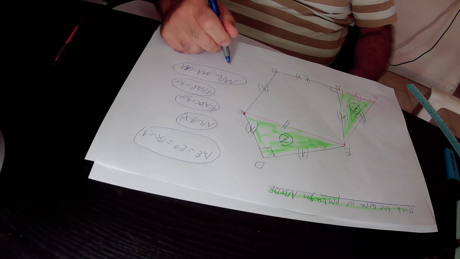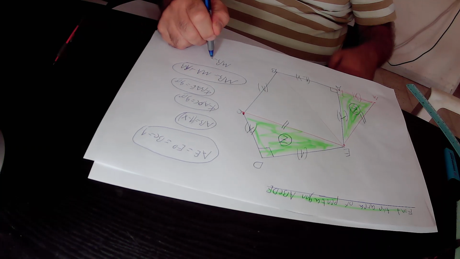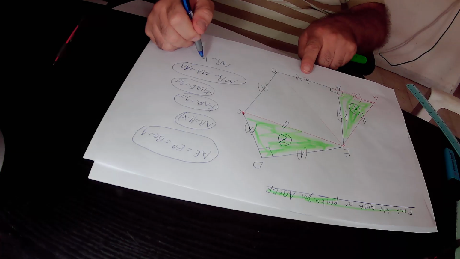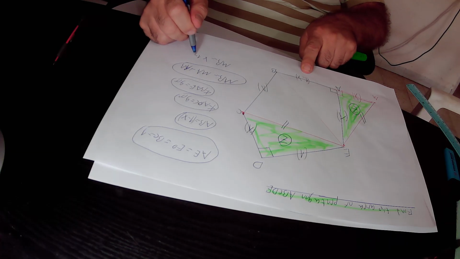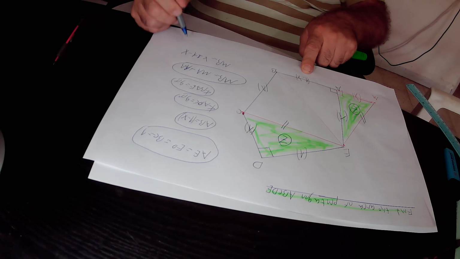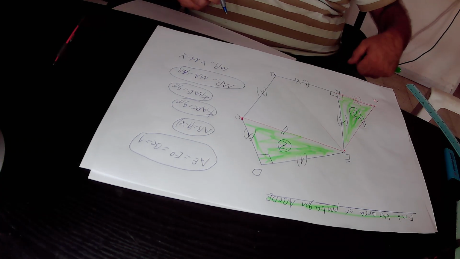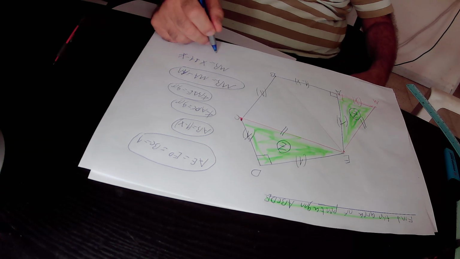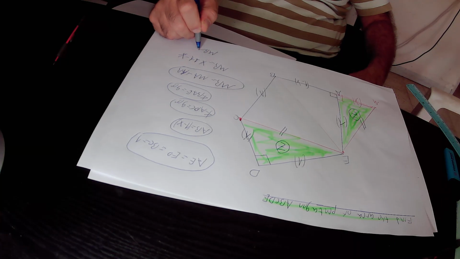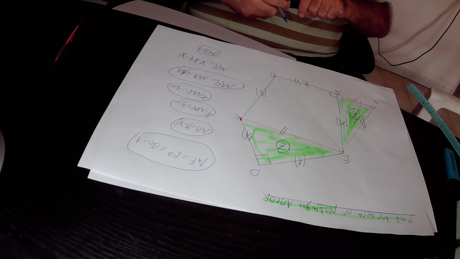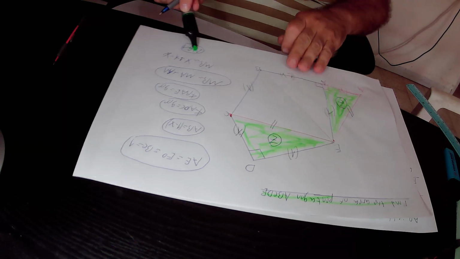MB in total equals MA, that is X, plus AB, that is 1 minus X. So in total MB equals X minus X, which is 0, so we are left only with 1. MB equals 1 unit in its length.